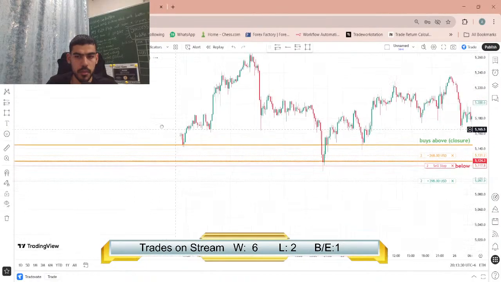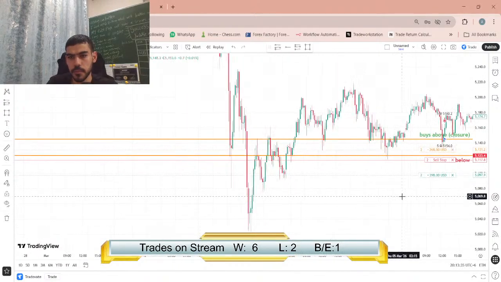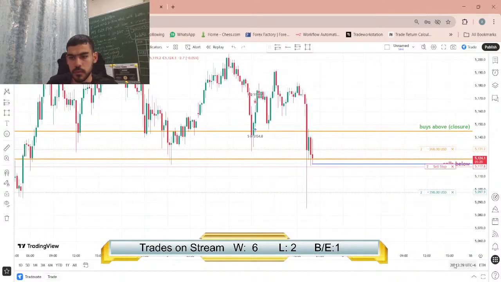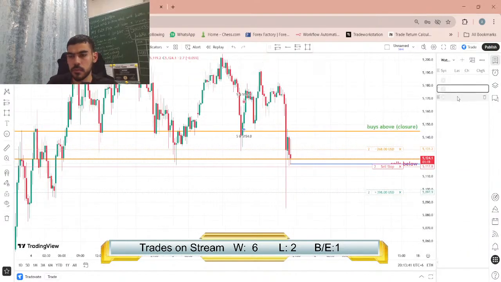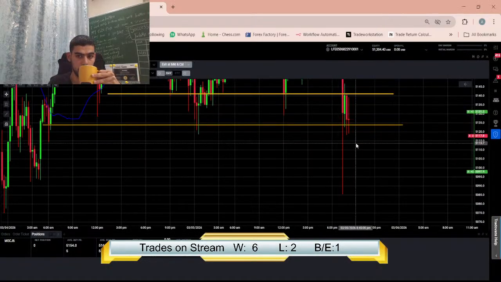So that's what we are waiting for now. I don't know what's wrong with TradingView. It's lagging a little bit.